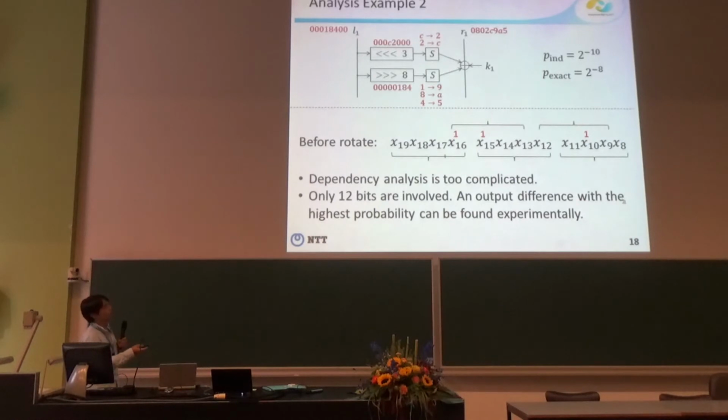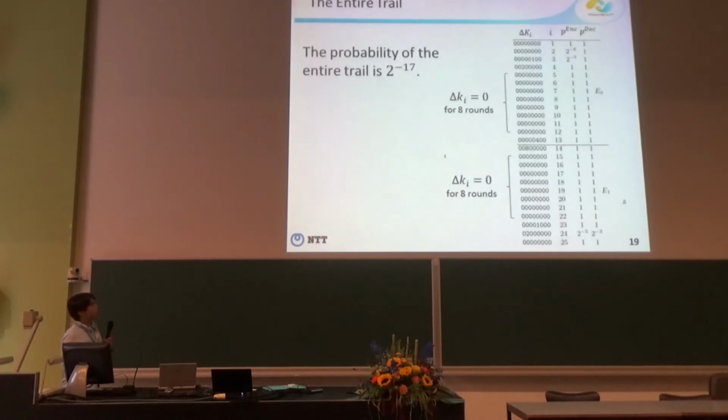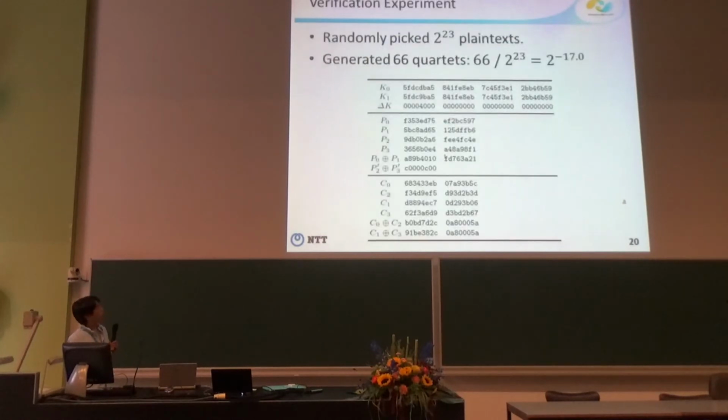And actually, we have several options, but I just picked this one, and then the probability was 2 to the minus 8. Okay, so in the end, I constructed a 25-round trail, and the probability of the entire trail is 2 to the minus 17.